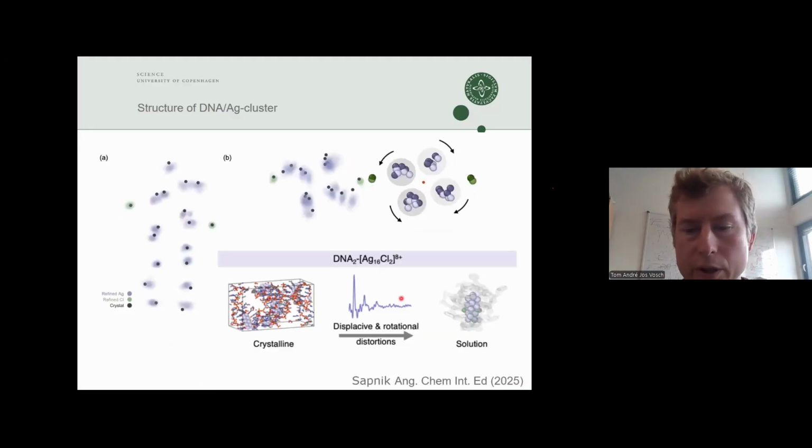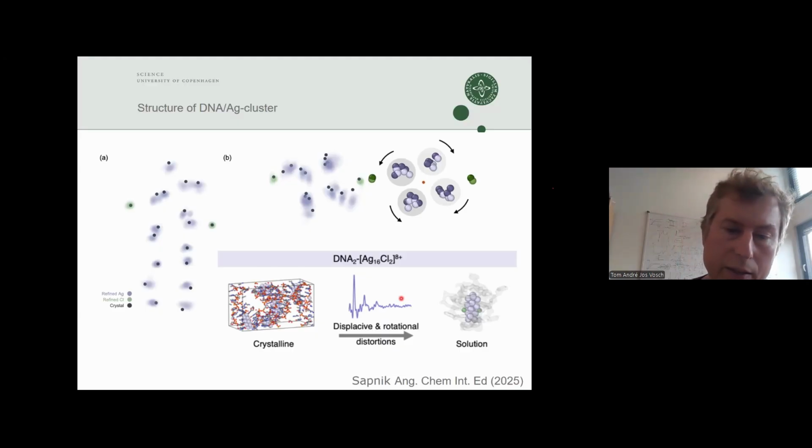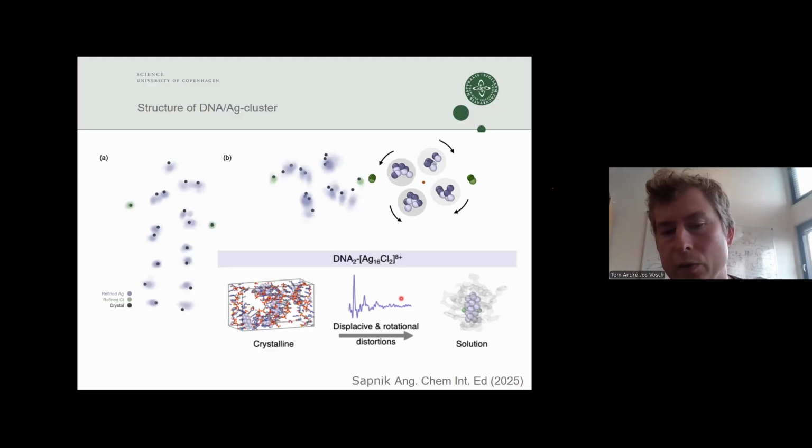Very recently, with the group of Kirsten, we also managed for the first time to determine the structure of this silver nanocluster in solution. That was done using pair distribution function analysis, so total scattering of this cluster in solution. For that, as a model, we used the structure from the crystalline state, and then some refinement was done to the PDF that was determined. And then you could show that the structure we get in solution is roughly similar to the one in the crystal state.